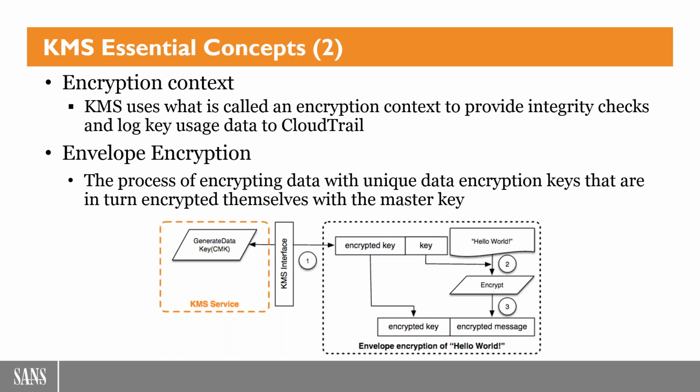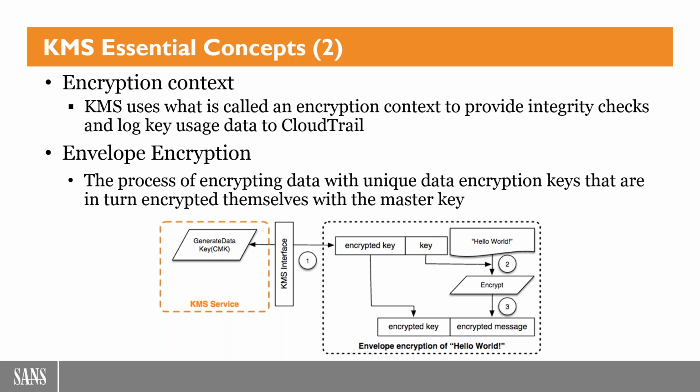But in addition, it's good to know about this encryption context that KMS associates with the crypto operations. When you ask it to encrypt and decrypt data, you associate with it a context, and inside of that context, you can provide certain types of integrity checks that, when it is decrypted, it can perform the integrity check and make sure that somehow you didn't mix up keys, basically.